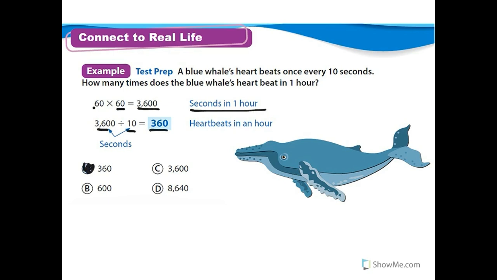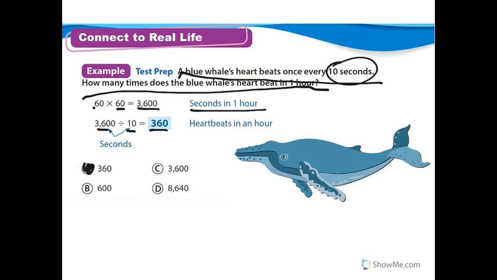So boom, that's where they get that. Yeah, you had to know that once every 10 seconds, so how many times does the blue whale's heart beat in 1 hour? Yeah, so they divided 3,600 by 10, sorry, to get 360.